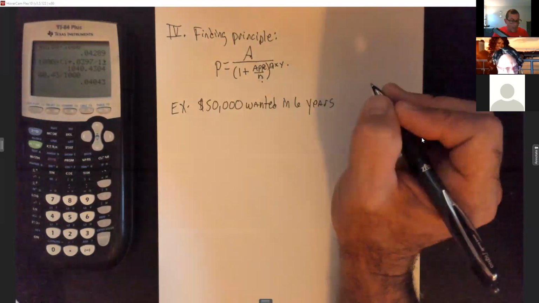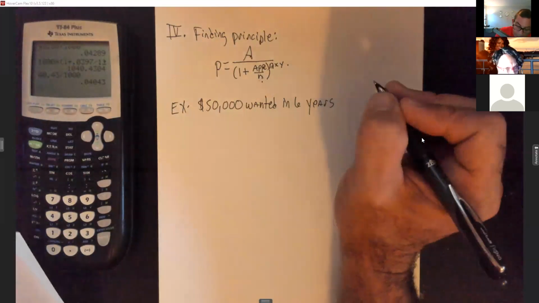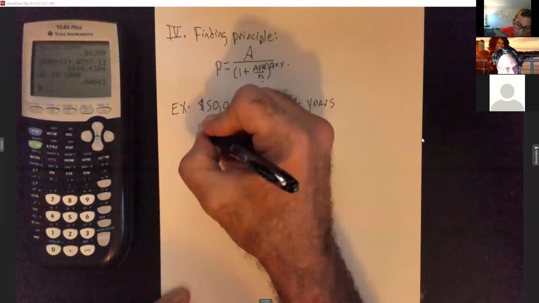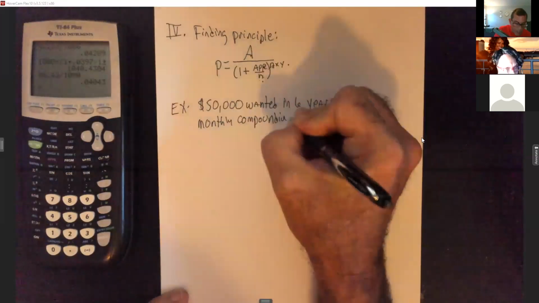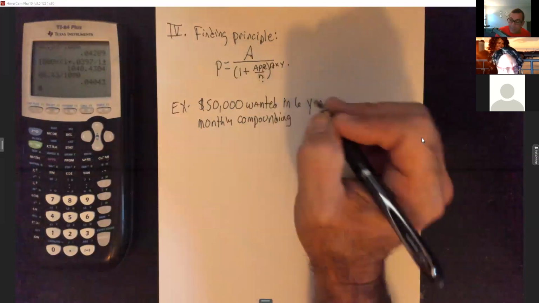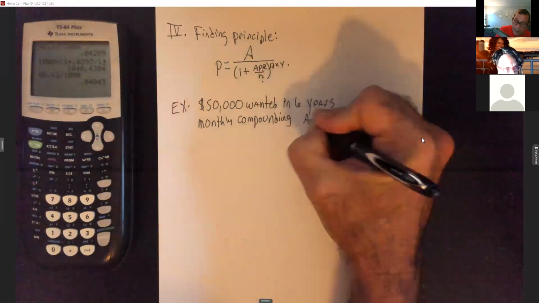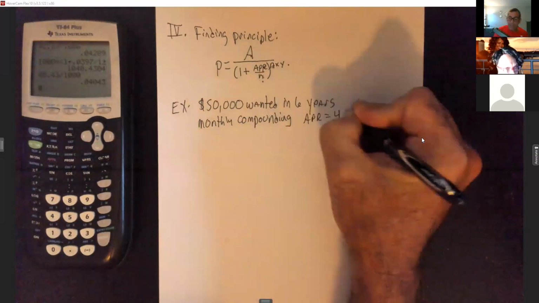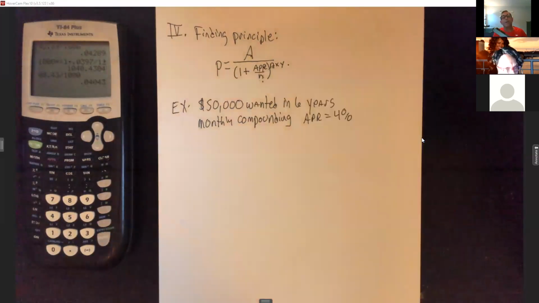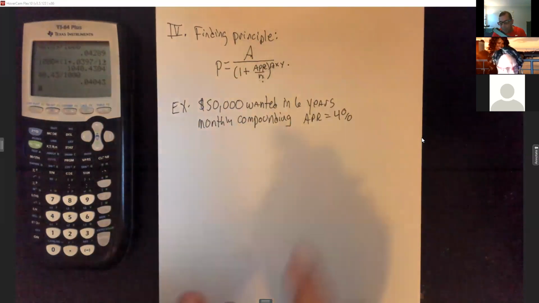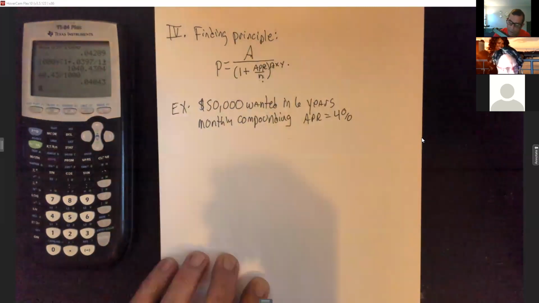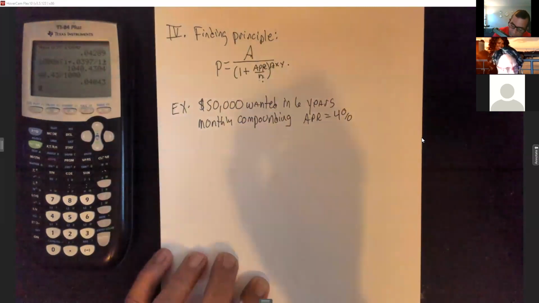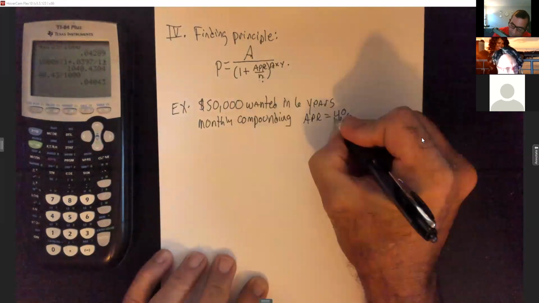I'm going to get an account with monthly compounding, and the APR is 4%. So this will tell me what I need to invest now at this percentage rate for 6 years to come up with $50,000. Okay? So remember, APR has to be a decimal, so I move that left twice.